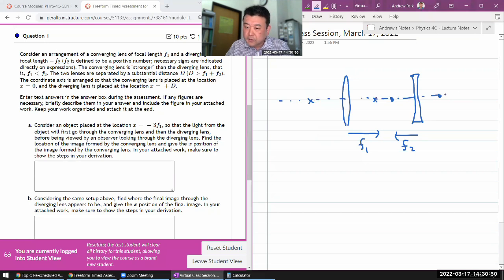This converging lens is stronger than the diverging one. I didn't draw it to scale, but I will note that f1 is less than f2. The two lenses are separated by a substantial distance, so this is my distance d. Arrange it so that the converging lens is at the location x equals 0. The diverging lens is in the plus x direction.